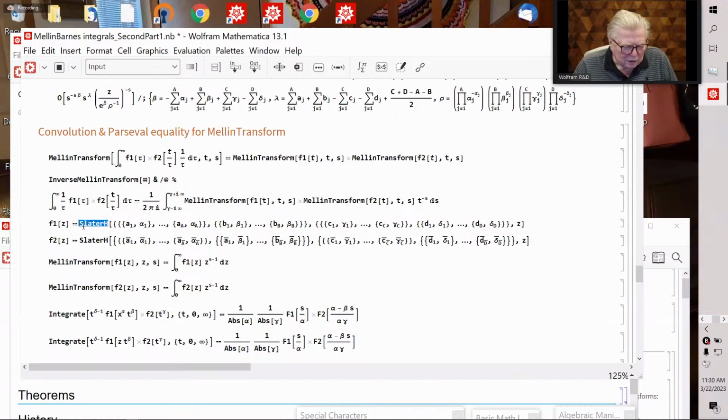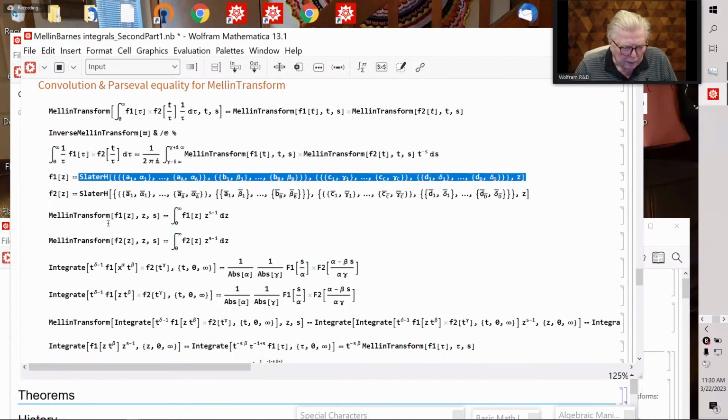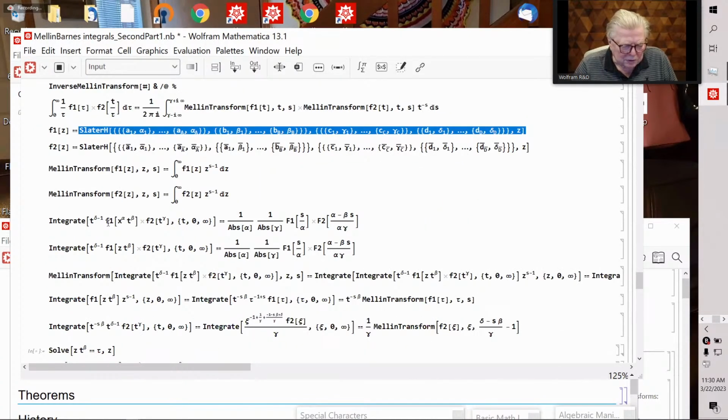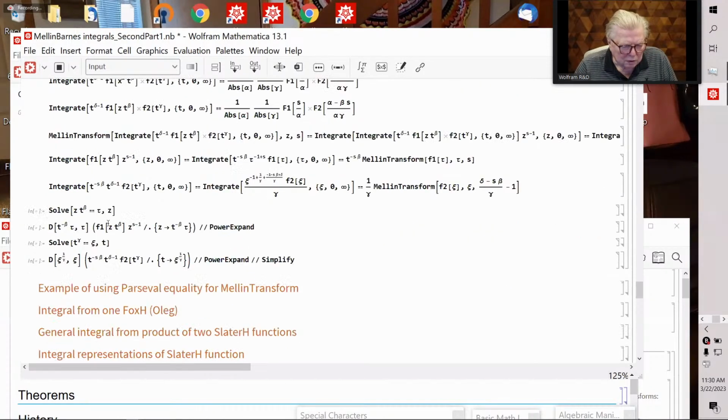And here I show how to derive the formula if we have F1 and F2 Slater H functions. I put a tilde on top of one of them, and this one you saw before. Then I made these operations accurately, and what we have is the following.